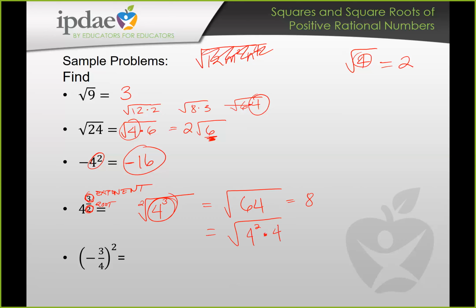Then we follow the same guidelines as we talked about, inside of the jail and outside of the jail. I usually say that this 4 squared is a perfect square. So when you take the 4 squared out, it would still be a 4. The square root eliminates the square, and then the 4 remains in jail.